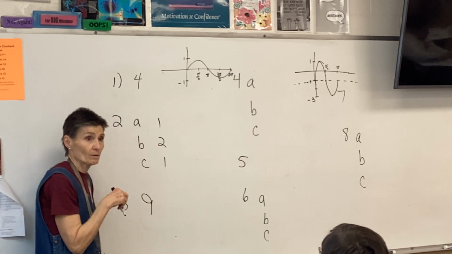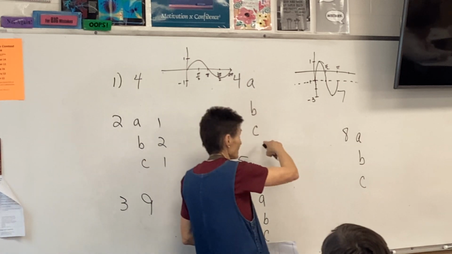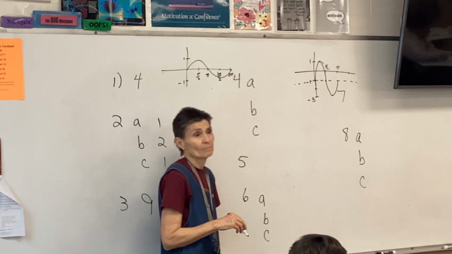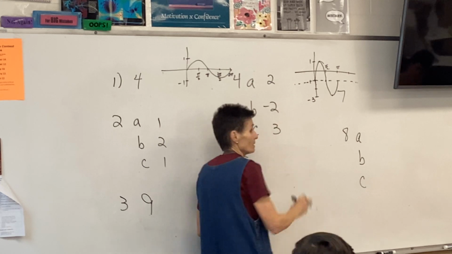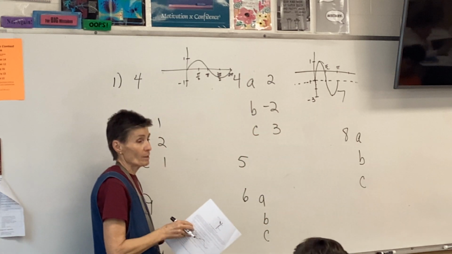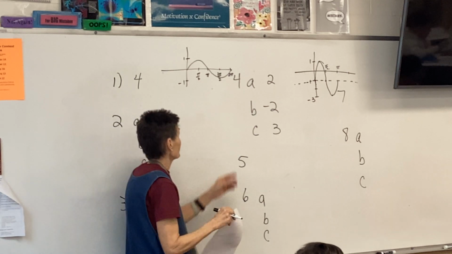Are we in agreement there? 9? Okay, then A, B, and C. Emily, what'd you guys get for 4, A, B, and C? 2, -2, and 3. Are we okay?